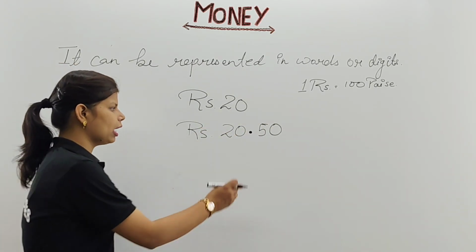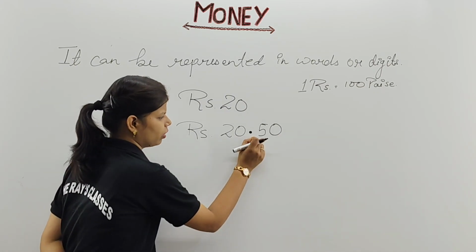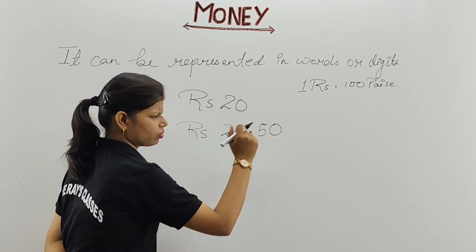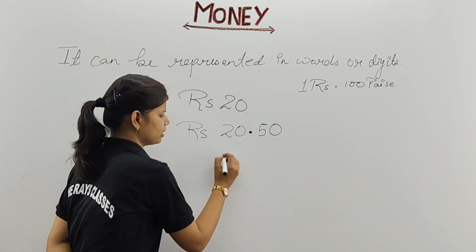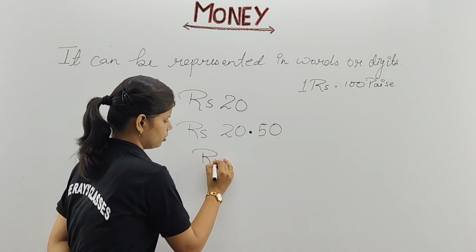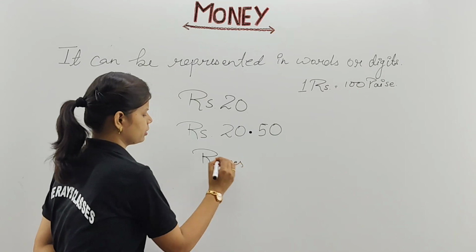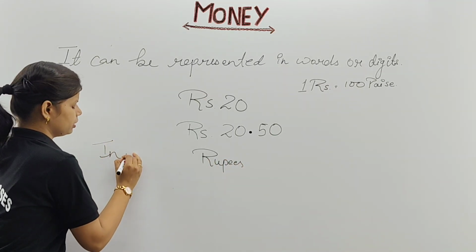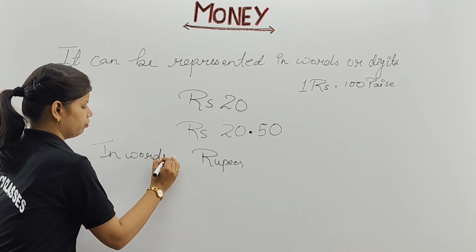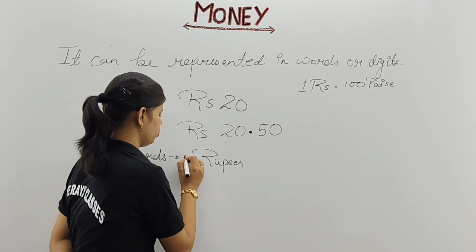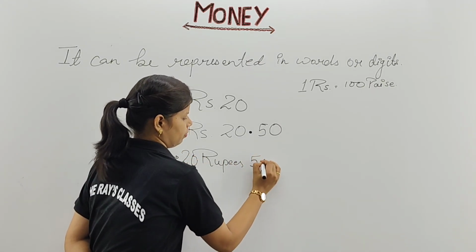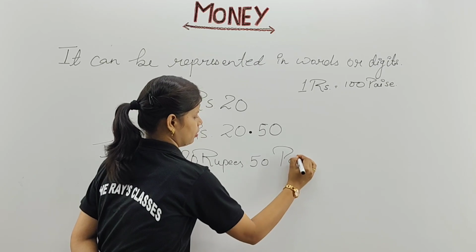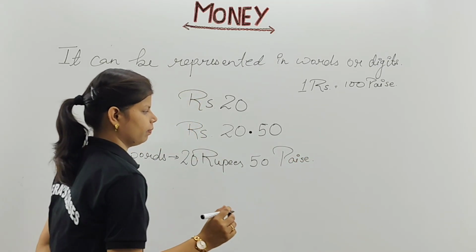Can you please tell me how we are going to write it in another way? If I have to write in words, I can write 20 rupees 50 paise. This is my first way.